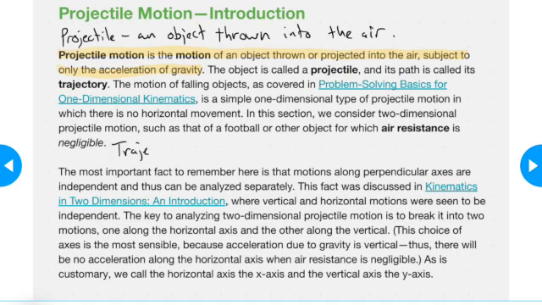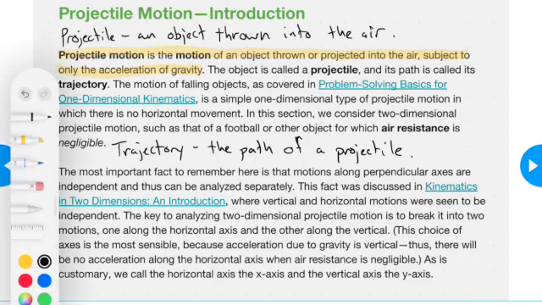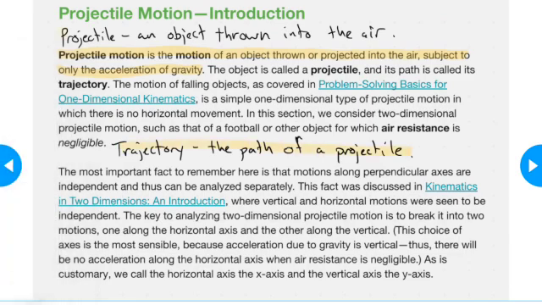And then the trajectory is the path of a projectile. So make sure you write those two down as well.